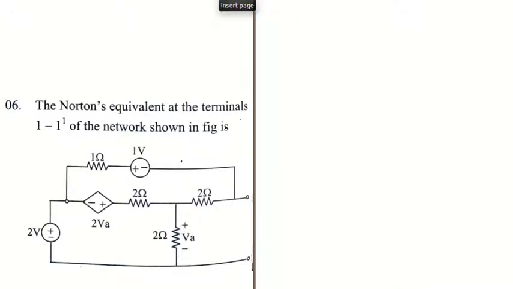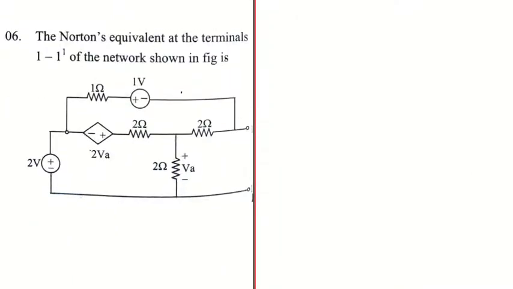So for that, here also there is a dependent source, that is a source which is dependent upon this particular voltage drop across this 2 ohm. So I am going to consider, as asked here, that this is our 1 dash. This is our 1 dash. There is a dependent source over here.